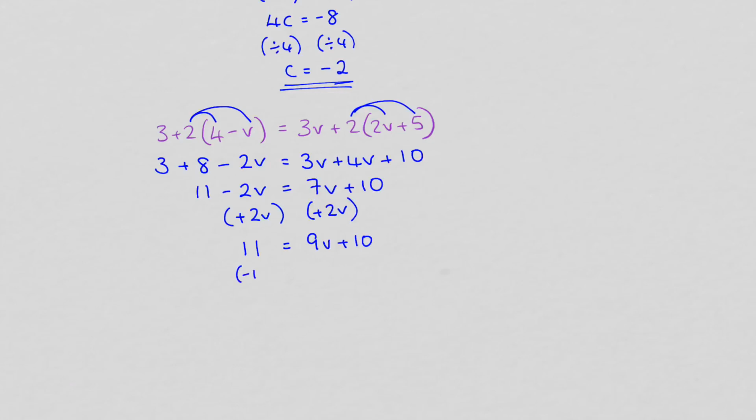Then we're going to take away 10 from both sides to give us 1 equals 9v, and then divide by 9. So 1 divided by 9, remember, is just 1 over 9. So v equals 1/9, and that's not a fraction that will simplify. Okay, so that's where we're up to so far with our equations.